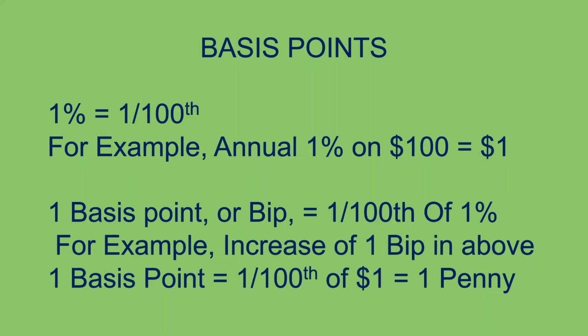In practice, that means it's the part after the decimal when you talk about interest rates. So if it's 5.23%, the 0.23 is 23 basis points. In our example, if we increase 1 basis point, equal to 1/100th of $1, that would be 1 penny more in interest over the year.